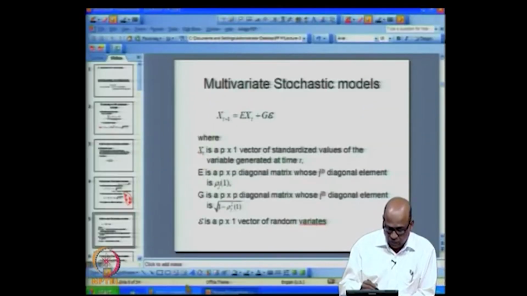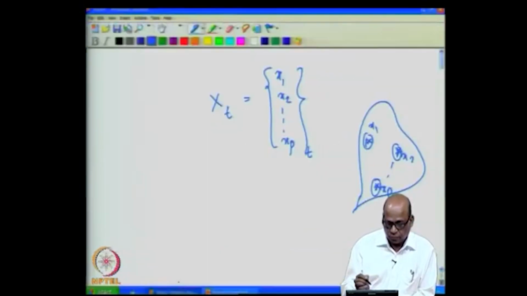Then we look at the other matrix. E is a p by p diagonal matrix whose jth diagonal element is rho j 1. This is the autocorrelation at the jth site at lag 1. So, let us write the E matrix now.